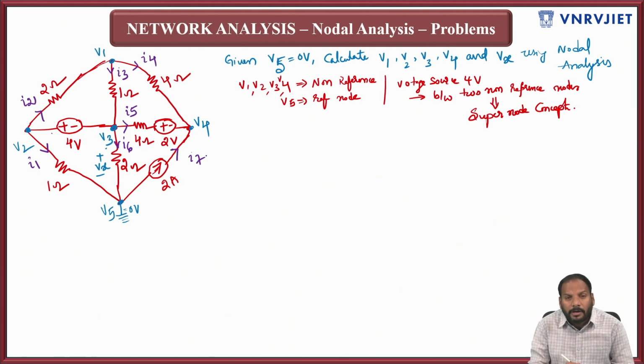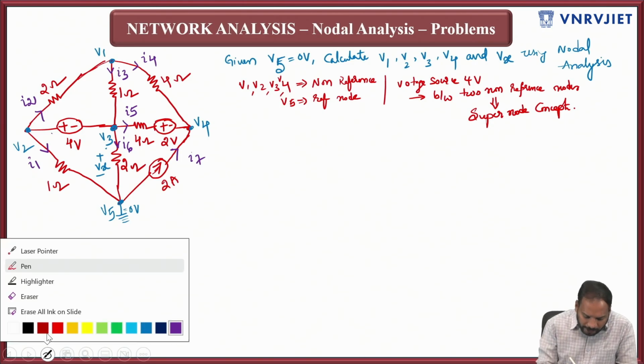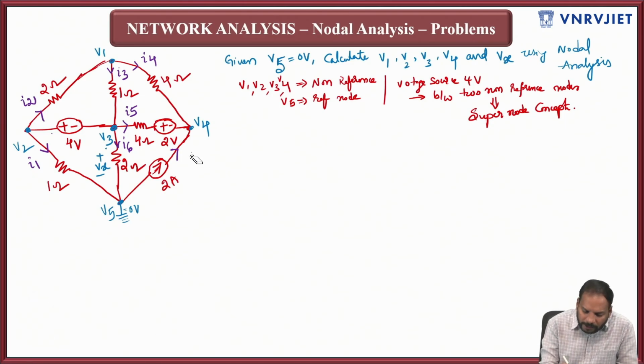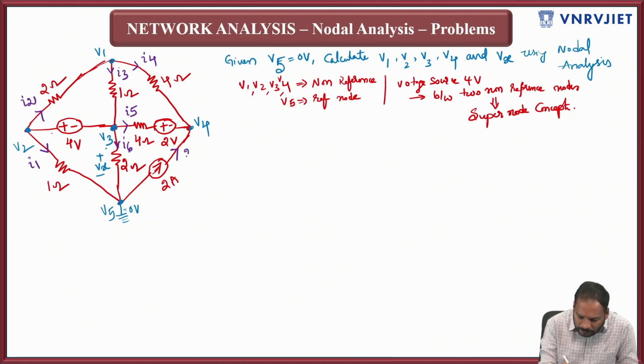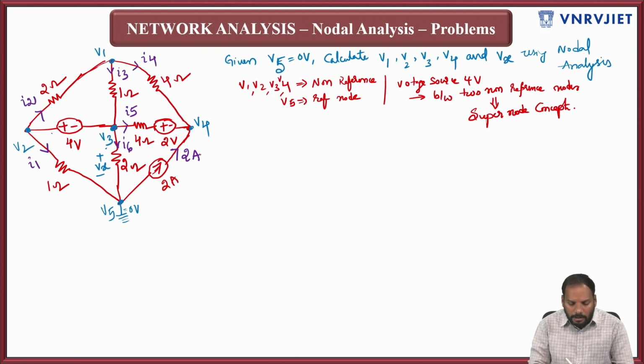Not required, because you have a current source there. Whatever happens in the circuit, the current produced by the independent source is always fixed, that is 2 amperes. So why bother with one more unknown? Take advantage of the current source and simply consider this as 2 amperes.